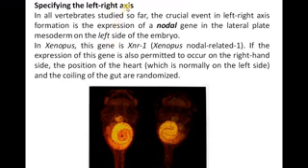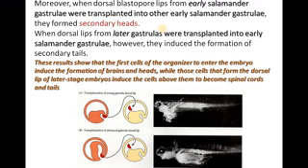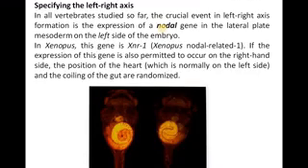Specifying the left-right axis is another interesting topic that we have to follow here. We have just seen how the anterior and posterior parts are developed, and now we look at specifying left and right. In all vertebrate studies so far, the crucial event in left-right axis formation is the expression of the nodal gene in the lateral plate mesoderm on the left side of the embryo.